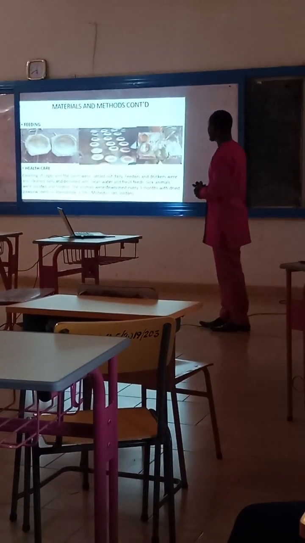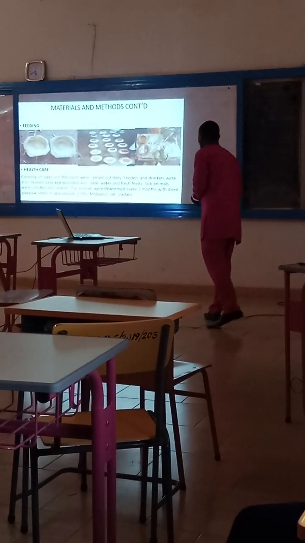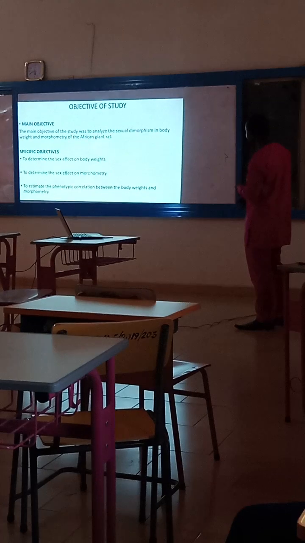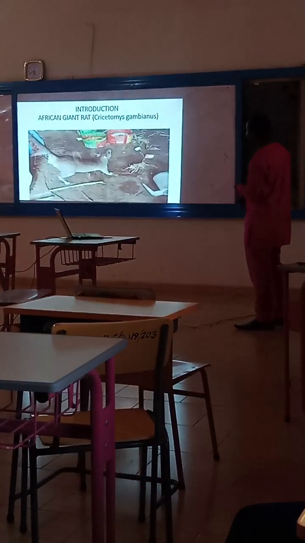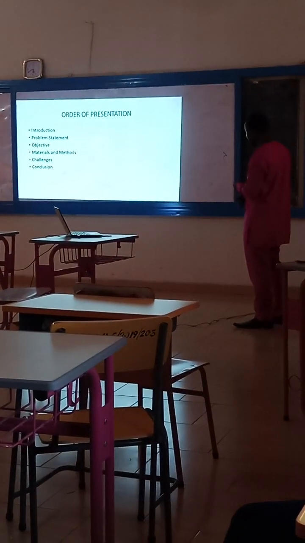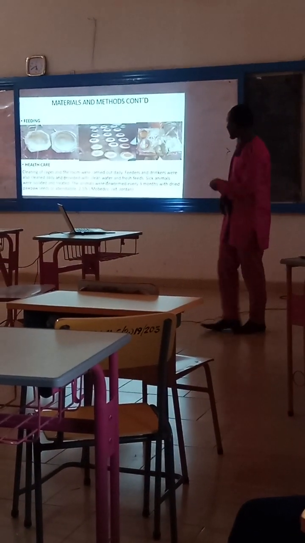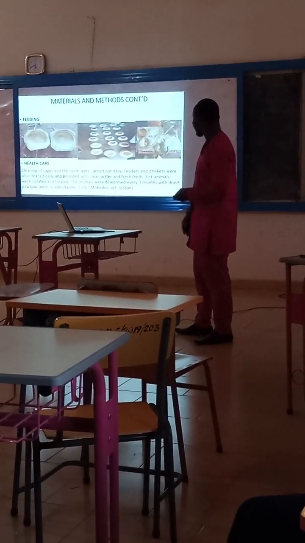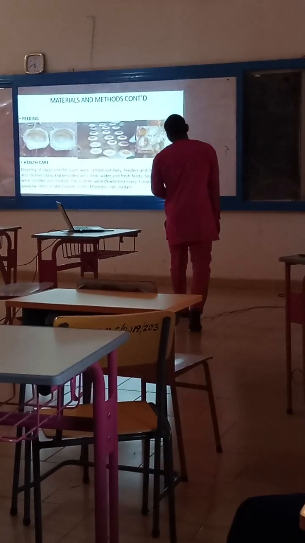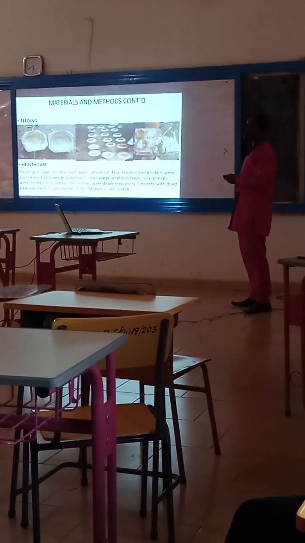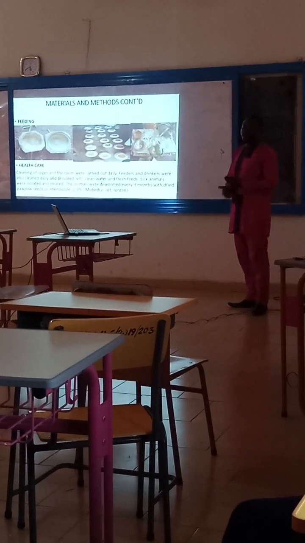Now, the feeding. We used concrete troughs and clay troughs to feed our animals. Some of the basal diet these animals can feed on is maize.